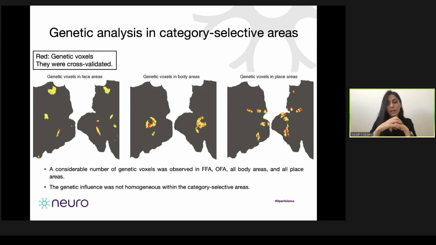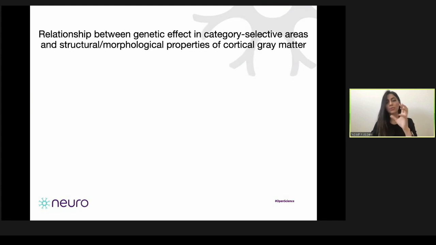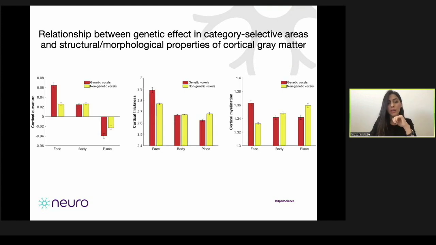So we thought that maybe these genetic and non-genetic patches are related to some distinct structural properties. And to investigate that, we investigated the relationship between genetic effect in category selective areas and structural properties of cortical gray matter by calculating the cortical curvature, thickness, and myelination in genetic and non-genetic voxels of all these categories.